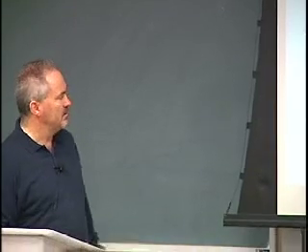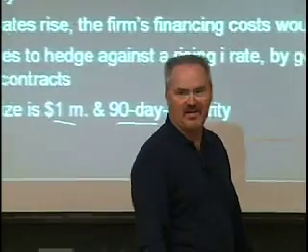So you go short on futures 90 days before February 1st? You sell them today, because once you take the loan out in February, the loan is for 180 days. You've made that decision. You need to borrow $5 million for half a year.